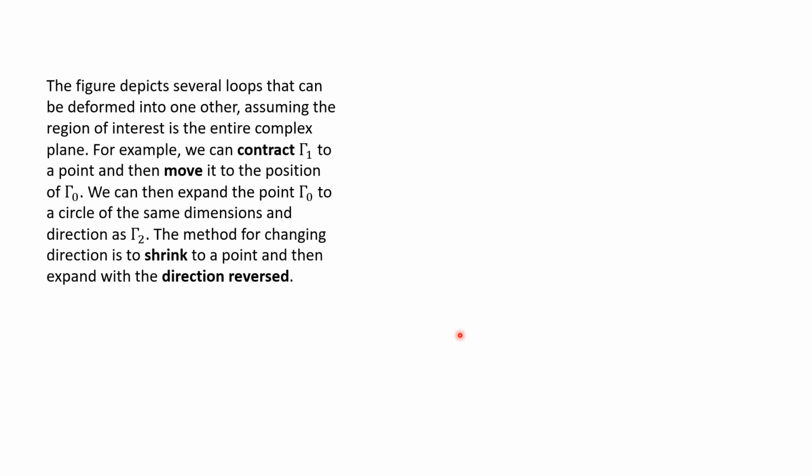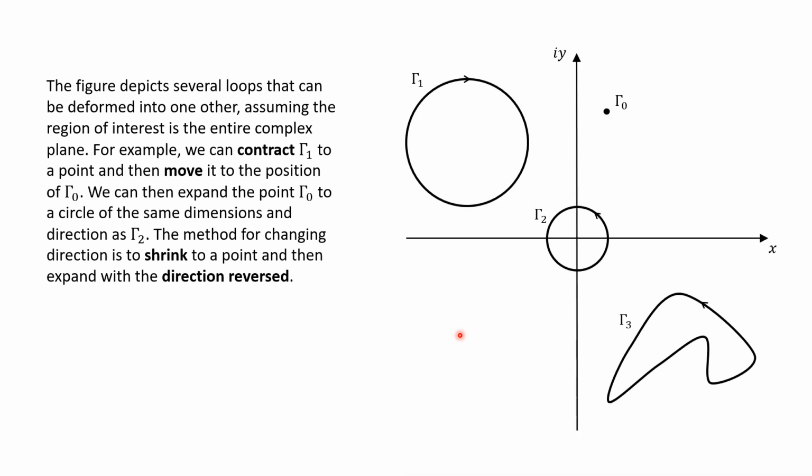Okay, so let's look at a few examples of what we mean by continuous deformation between different contours. I have a few contours shown here on the right. Let's take an easy case first. Gamma sub 3, which is a squiggly contour, can be continuously expanded out into a circle, then shrunk down to the size of this circle and then moved here.